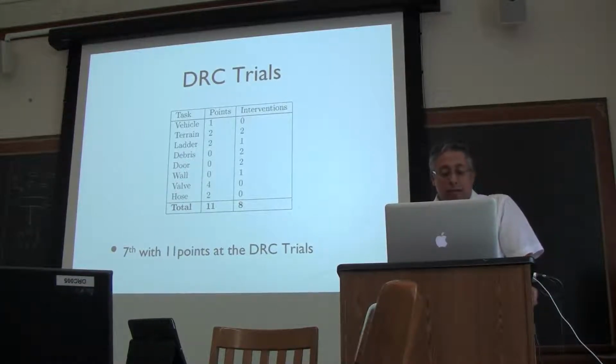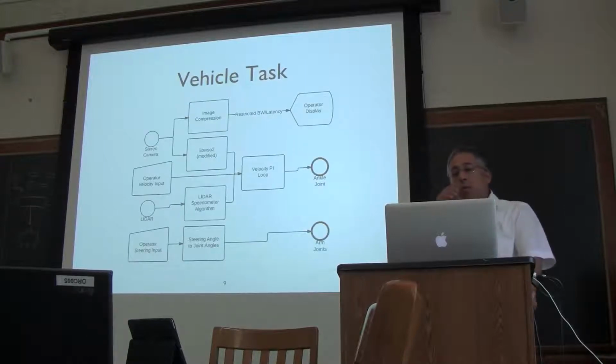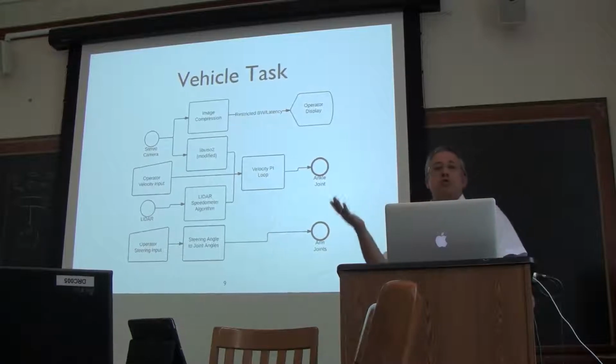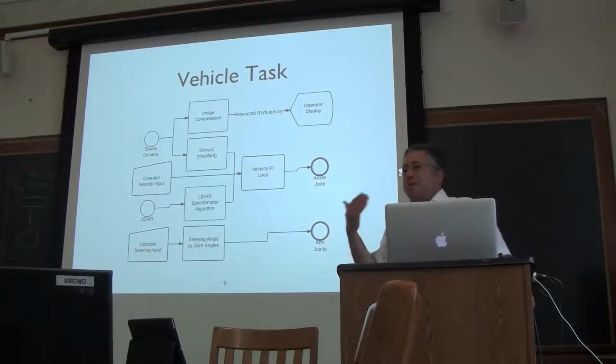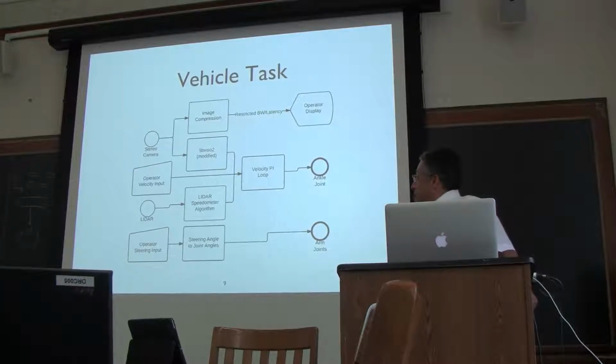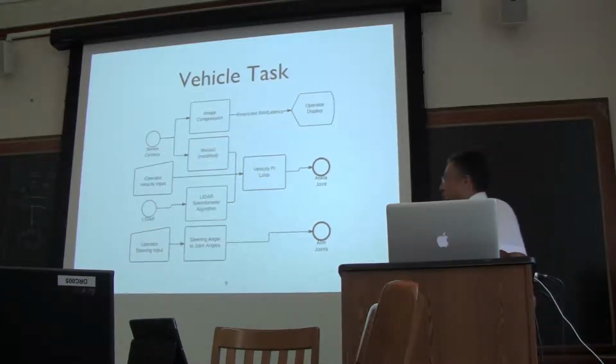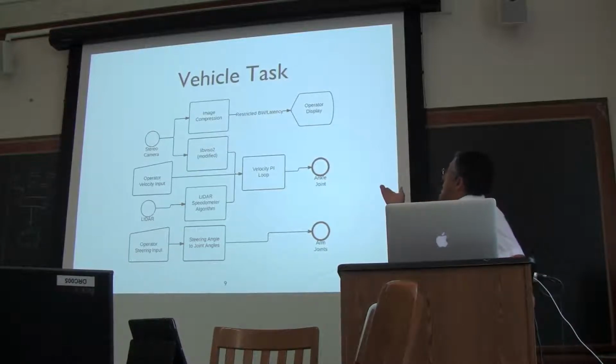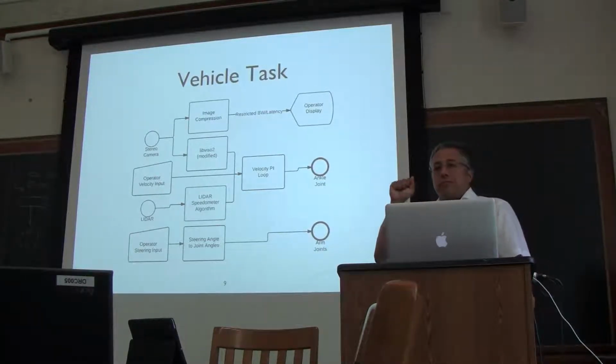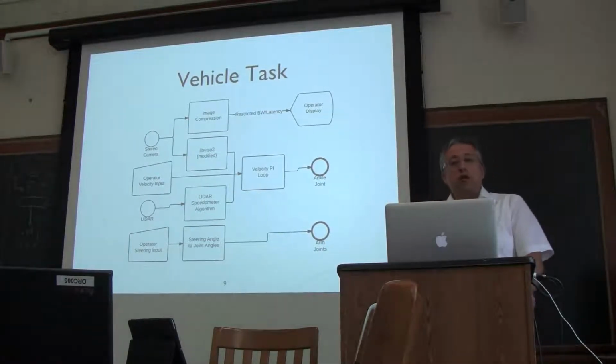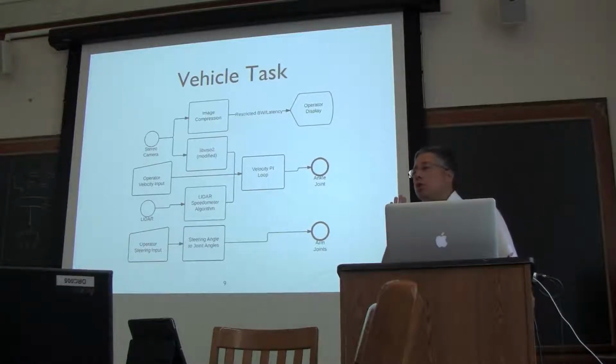So, 7th place in the trials. I'm going to give one example of how we used supervised autonomy, where we brought in more automation, versus where we used teleoperation in the trials. I picked the vehicle task. Again, don't try to understand the diagram, but the idea here was that we used visual odometry to control the throttle for the vehicle.